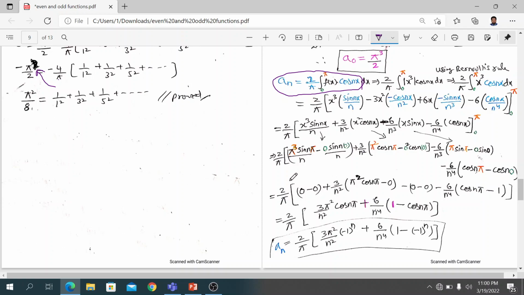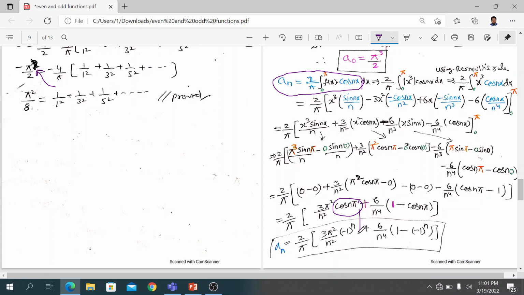Now rearrange: 2 by pi, 3 pi square cos n pi. Okay, now take out this minus common outside. So minus into minus plus 6 by n power of 4, minus becomes plus, 1 minus cos n pi. So 3 pi square by n square cos n pi.